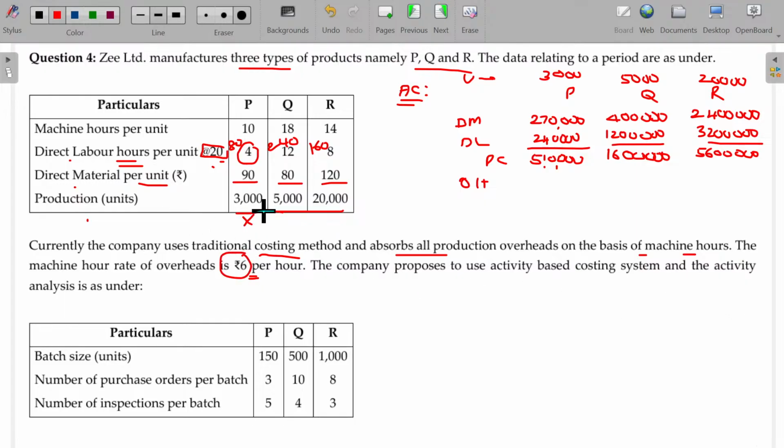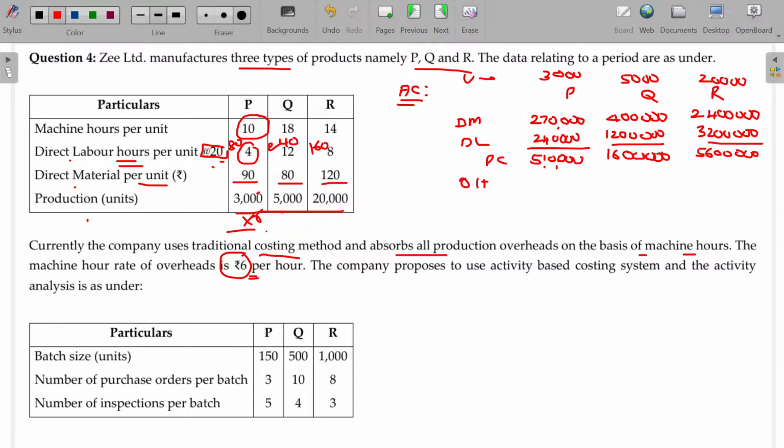Overheads are ₹6 per hour, so you have to multiply with the number of hours. 3000 into 6, 18,000? No, this is the number of units. Machine hours are 10 hours per unit.